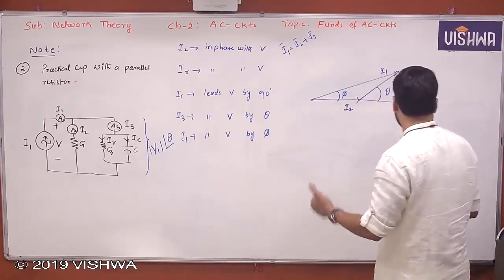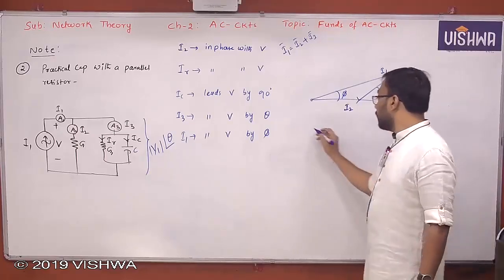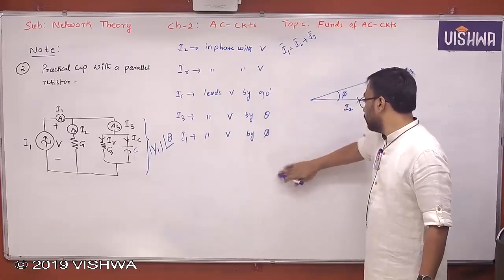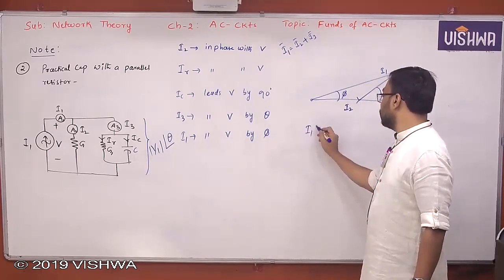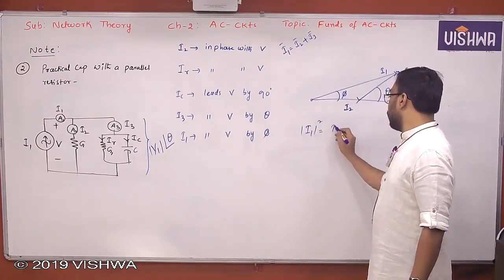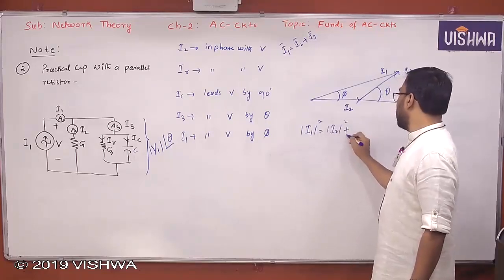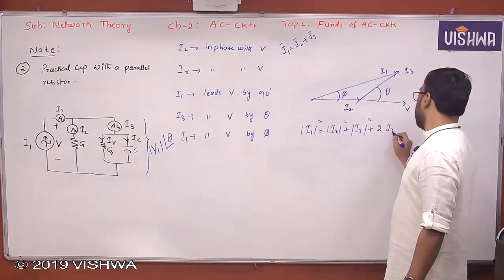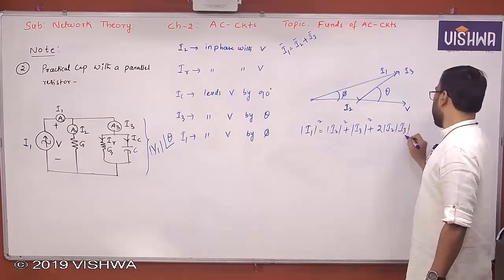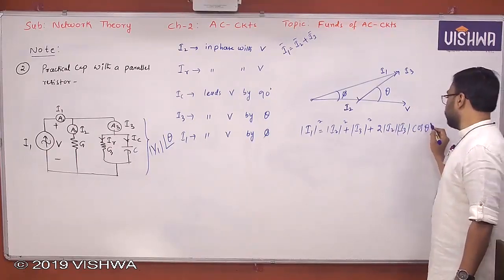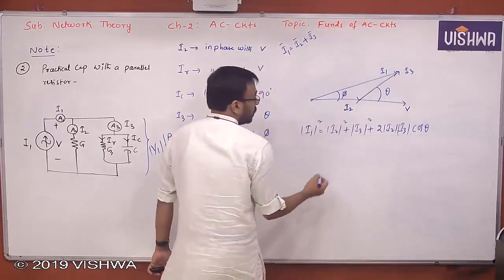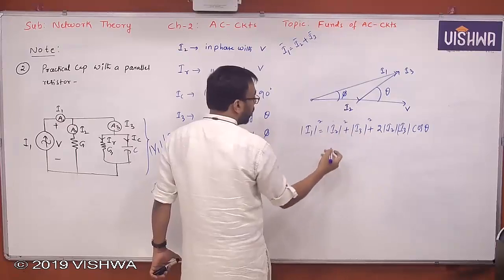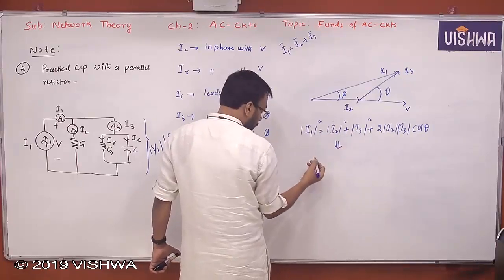Now similar to what we have seen just now, you have I1 squared equal to I2 squared plus I3 squared plus 2 I2 I3 cos theta. Yes or no? This is theta between I2 and I3, and the resulting phasor magnitude is written like this. It is the parallelogram theorem only, I am writing nothing else.